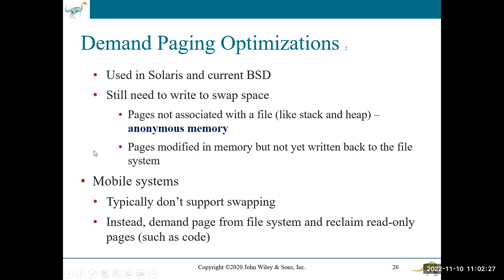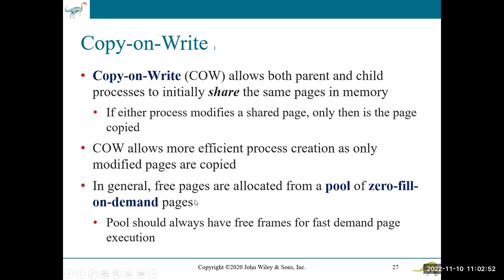This is a useful fact here. Mobile systems don't typically support swapping. Instead, they demand page from the file system and reclaim read-only pages such as code. So there's a watered down version of this, but they don't typically work demand paging like desktop and server operating systems.